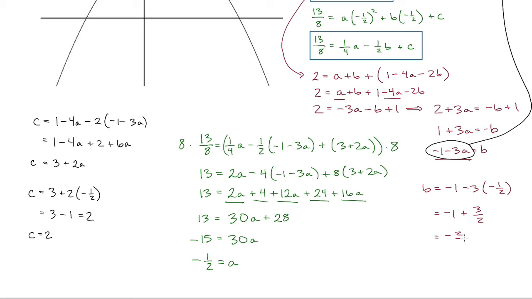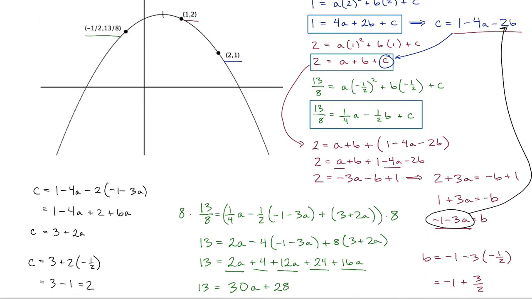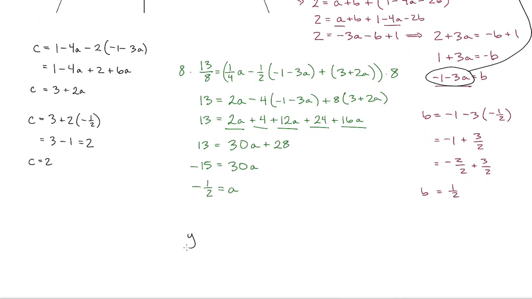Getting a common denominator, I have -2/2 plus 3/2, which is +1/2. And that's b. So I know a, b, and c. And this was my general form. So I'll plug it in there. My equation is y equals a x squared plus bx plus c.